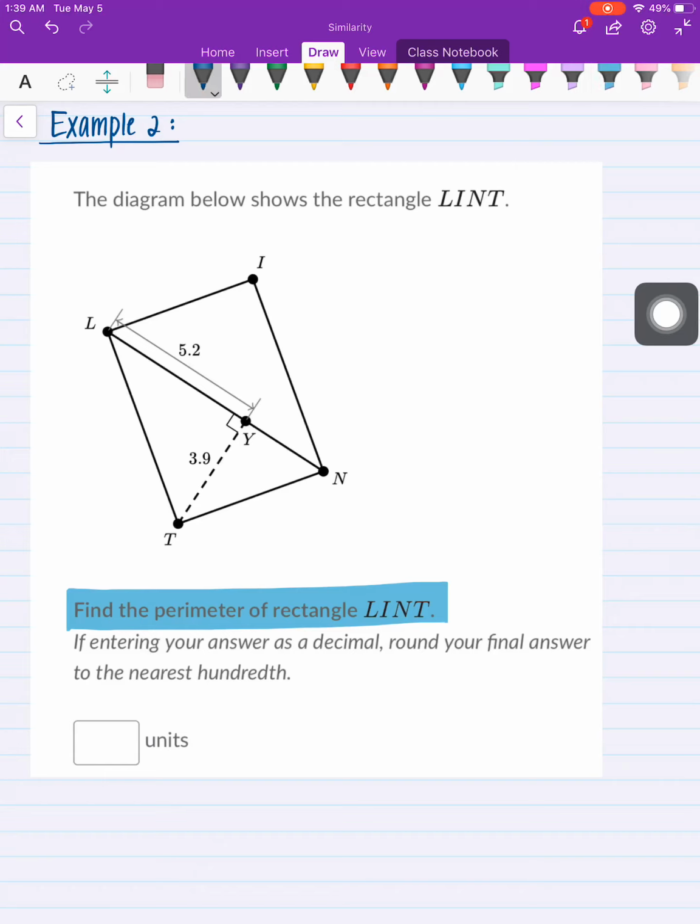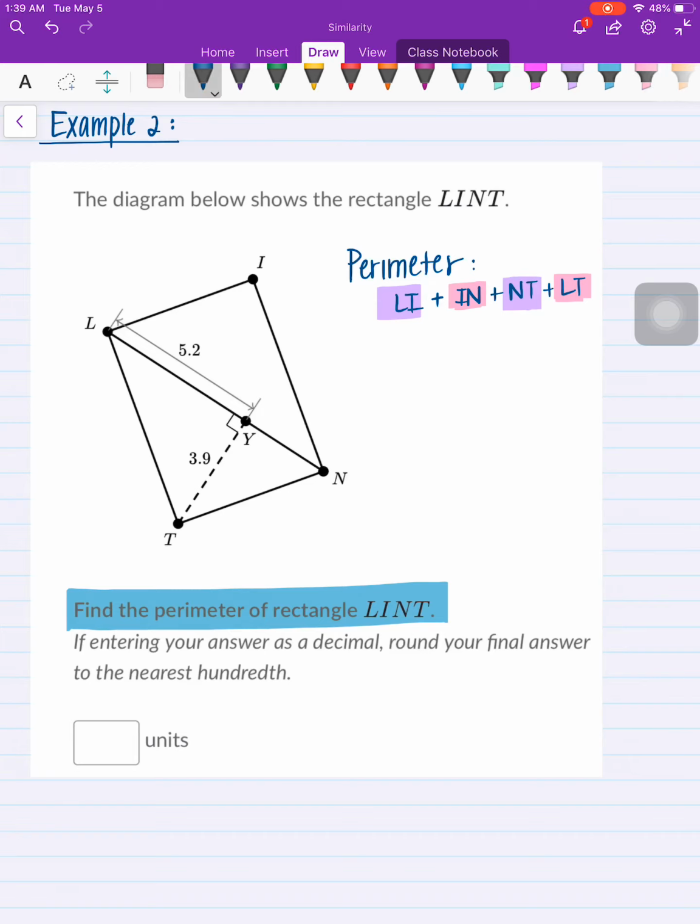So if I want to find the perimeter, it would be adding my LI plus IN plus NT plus LT. Or I could do, since LI and NT are the same and IN and LT are the same, 2 times their measurement.